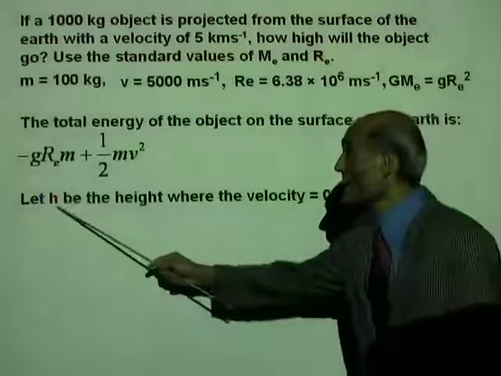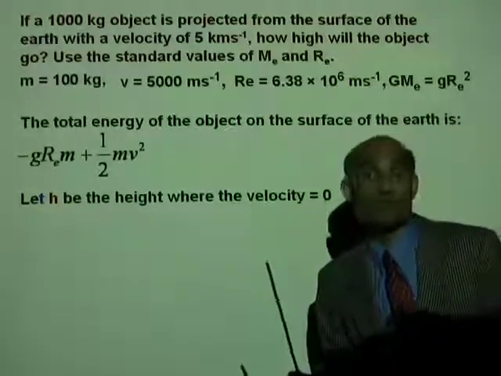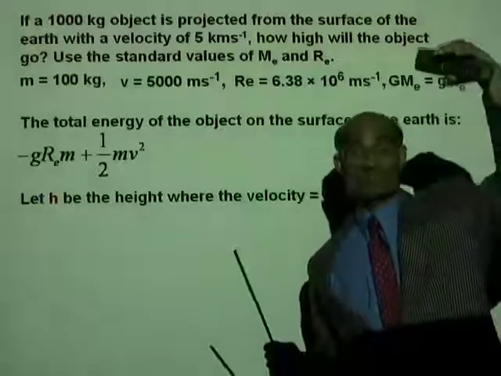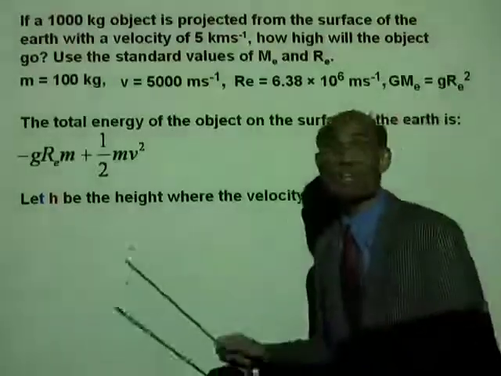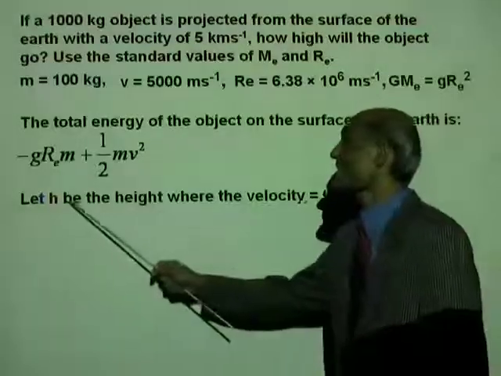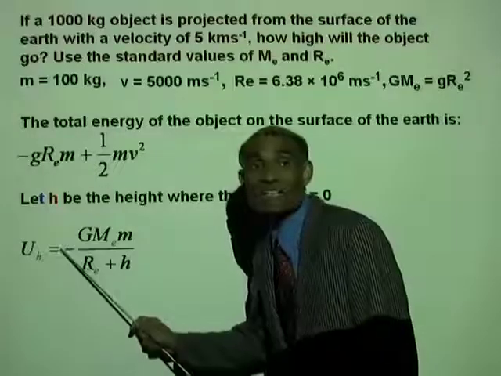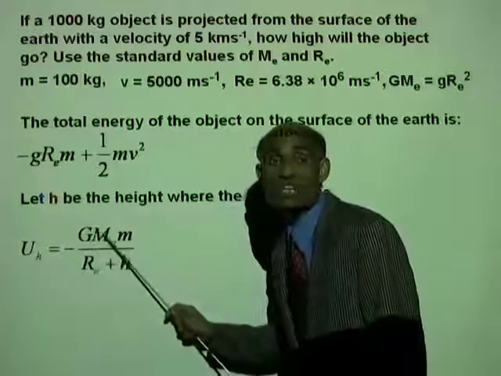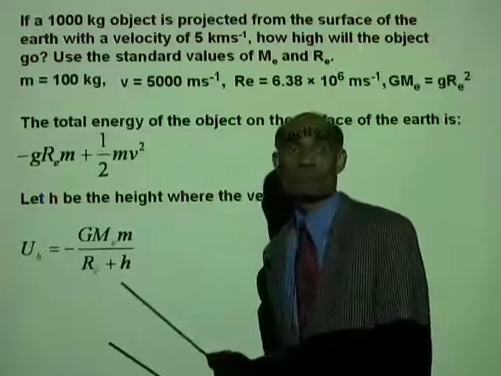Now, let h be the height where the velocity becomes 0. As it rises, it's going to stop at that maximum height. What is the potential energy at that height h? It is negative G ME m over RE plus h.